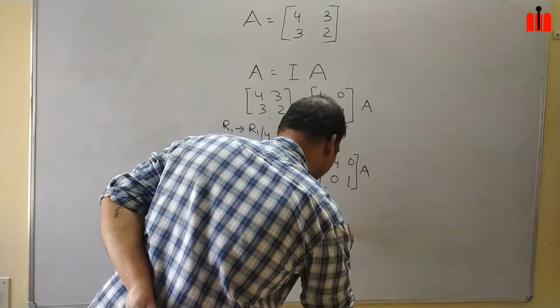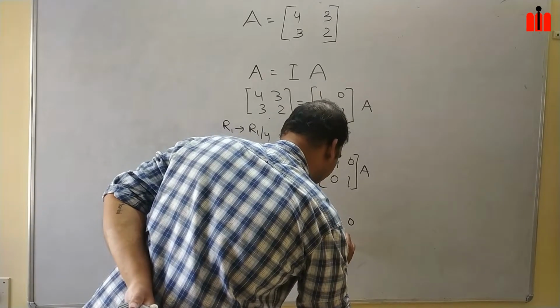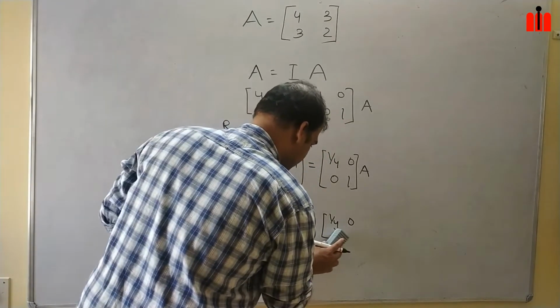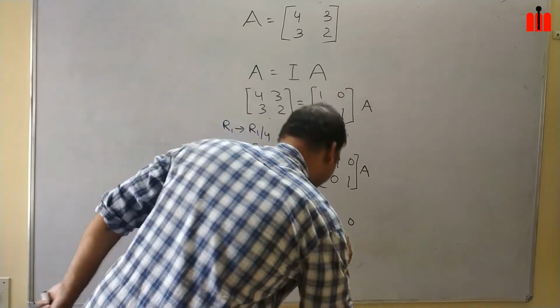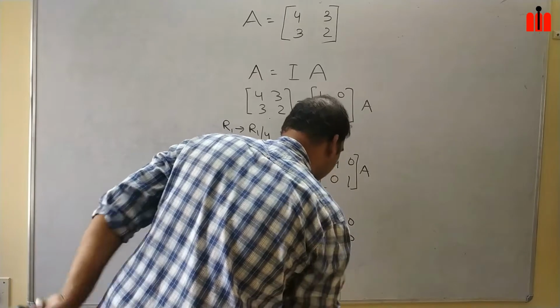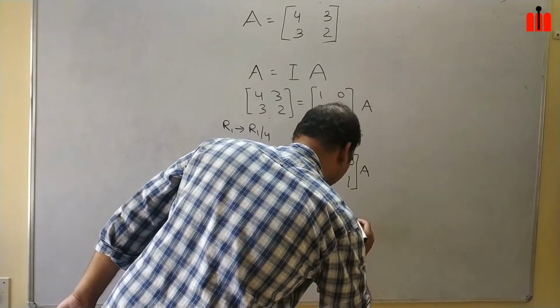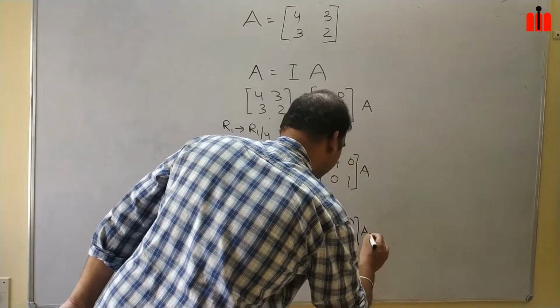So it will be 1 by 4, 0 minus 1, 3 by 4, minus 3 by 4 and 1. 1 minus 3 into 0, it will be 1, and you will be having here A.